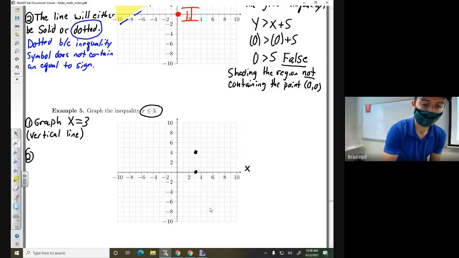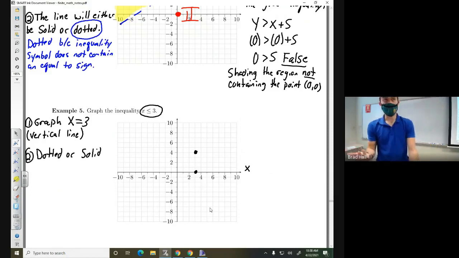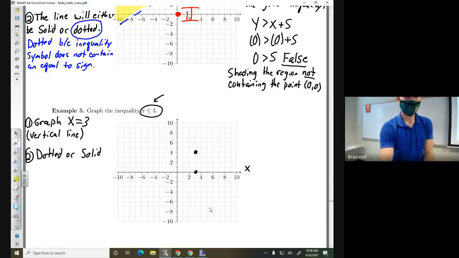Part 2, we ask if this is dotted or solid. Since we have an equal to part in our inequality, then we pick solid.